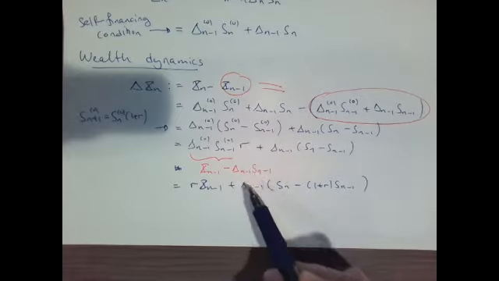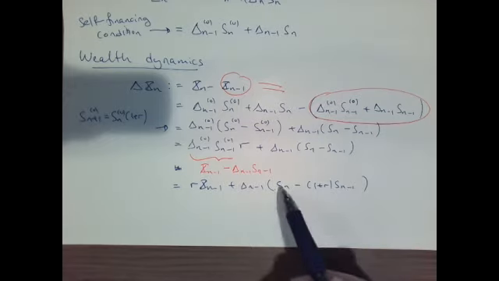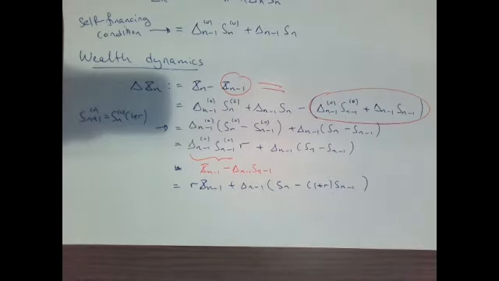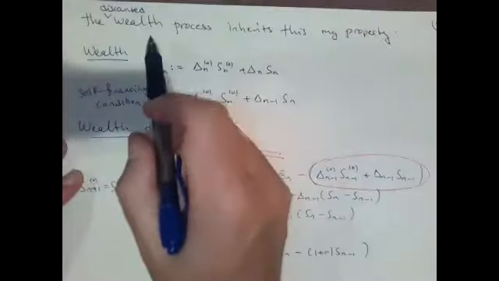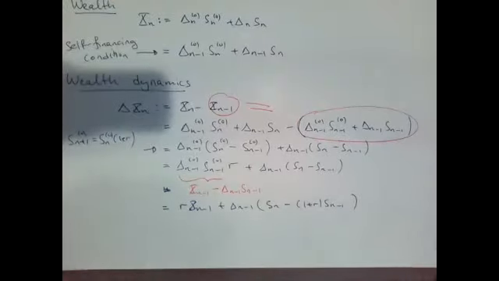And I have my R here, minus, this is going to give me the minus R S_{n-1} over here. I have delta_{n-1} outside. So that's the first calculation towards proving this statement up there.